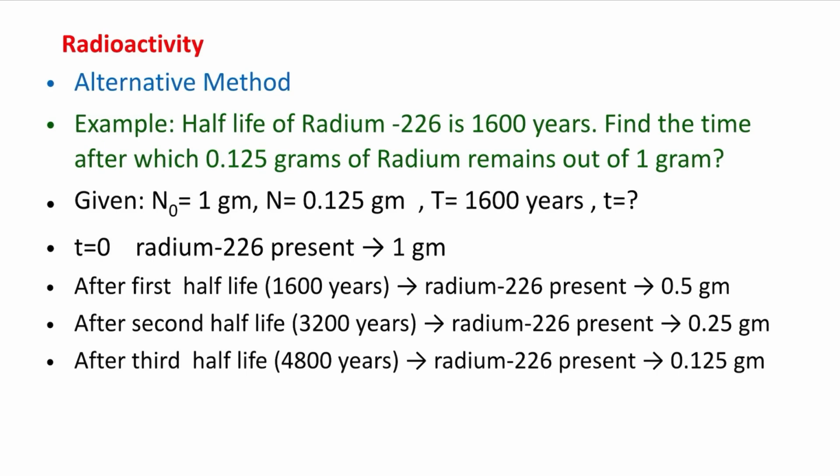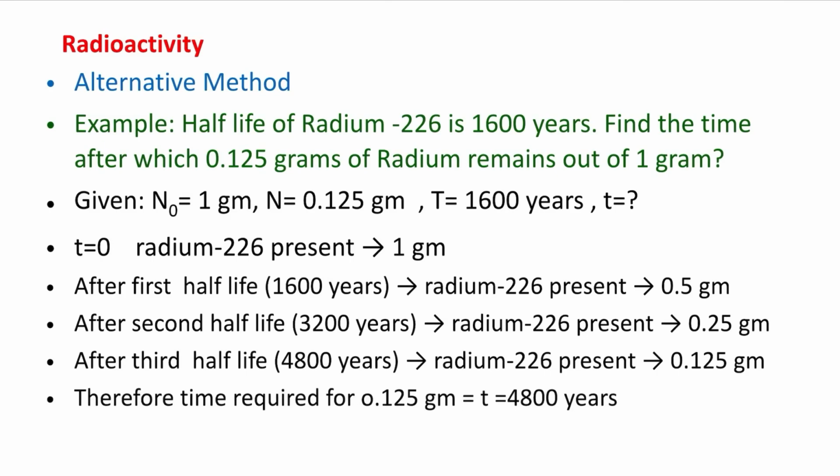So how much time has passed for the substance to reduce from 1 gram to 0.125 gram? It is 4800 years. Therefore the time required for 1 gram of substance to reduce to 0.125 gram, small t, is equal to 4800 years.